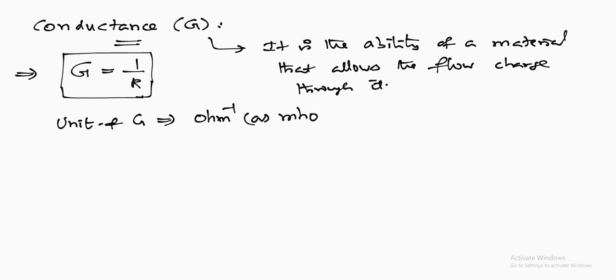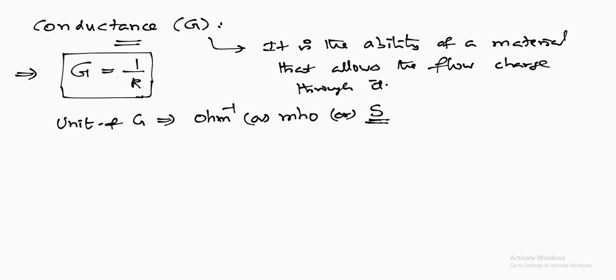But nowadays, students observe carefully, people are using another unit called Siemens. So ohm inverse, mho, Siemens, these are all one and the same. Nowadays people use S, which means Siemens. Siemens is the unit of conductance. Any doubt, students, up to this? No, sir. Good.